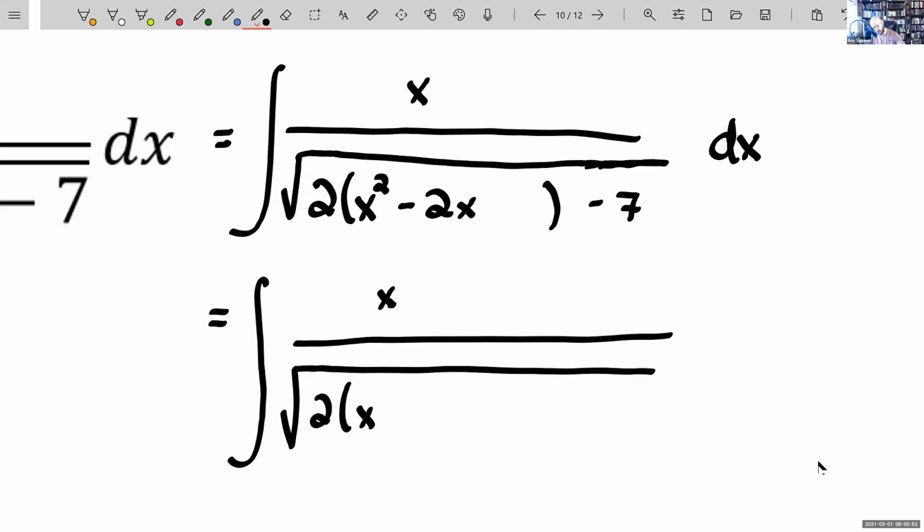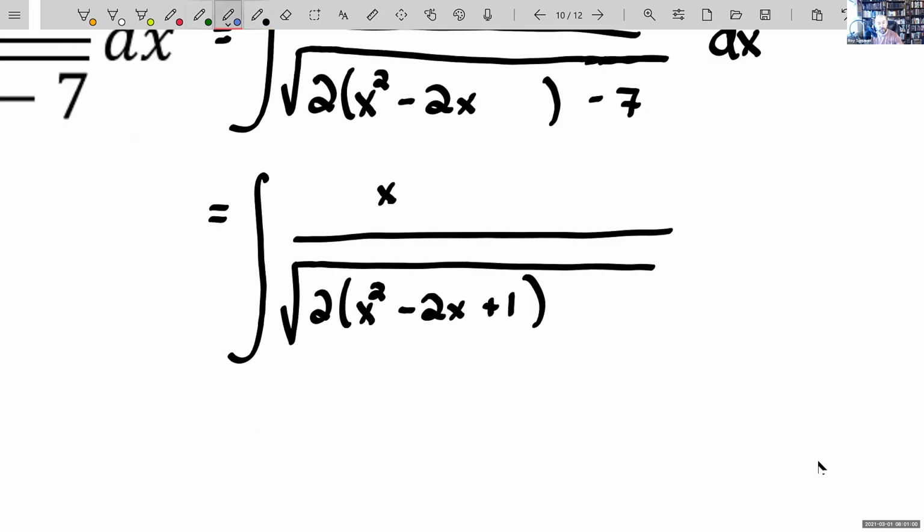So x squared minus 2x plus 1. That would make this a perfect square trinomial. If it's been a while since you've completed a square, what you're doing here is you're taking half of this value and squaring it. So you take half of -2 and you square it.